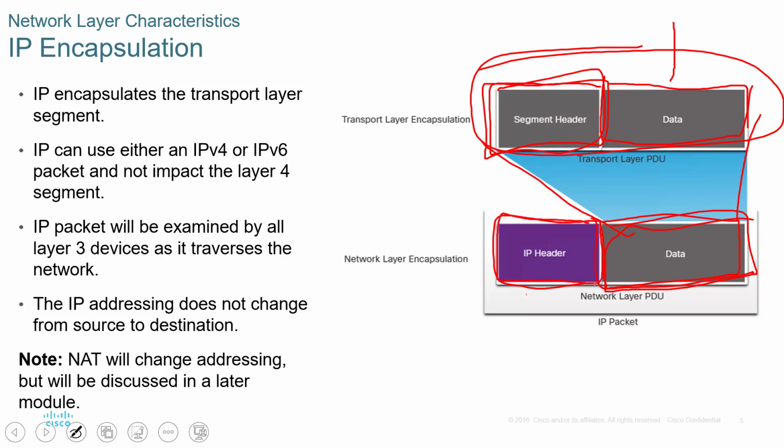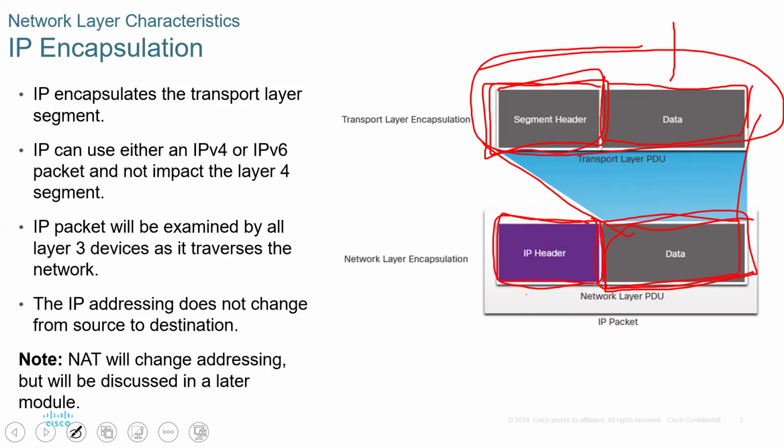So the IP can either be IP version 4 or IP version 6. And then the IP packet will be examined by all the layer 3 devices as it moves, or traverses, through the internet. The IP addressing does not change from source to destination.